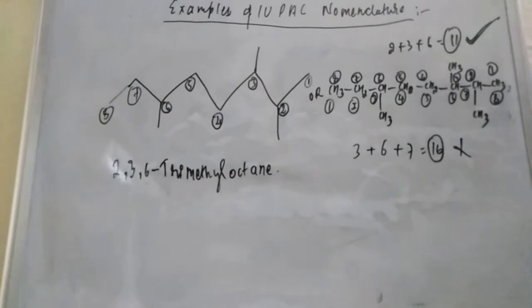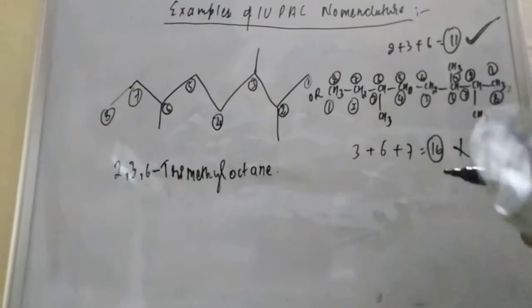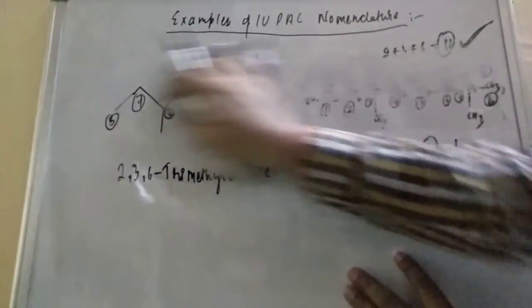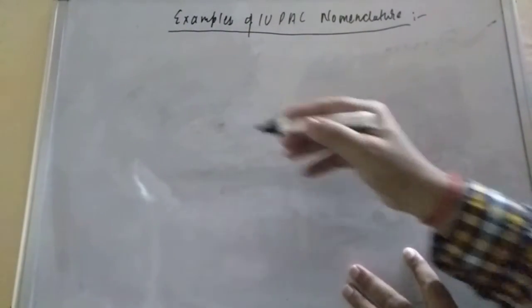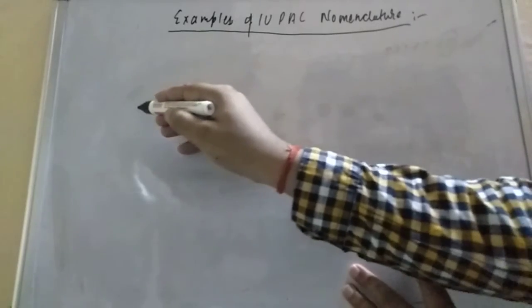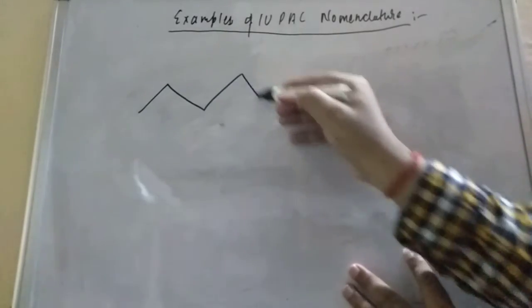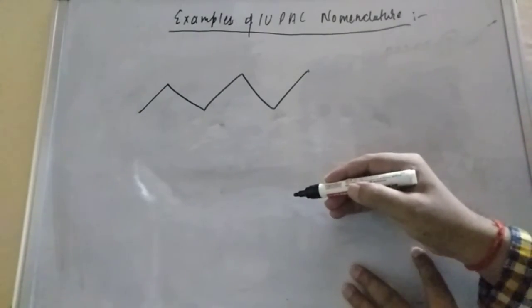Now student, let us move to one more compound, where again we will apply the same rule, the lowest sum rule. So how to write the name of the compound if I give you one question? Let us see. This is the question, student.